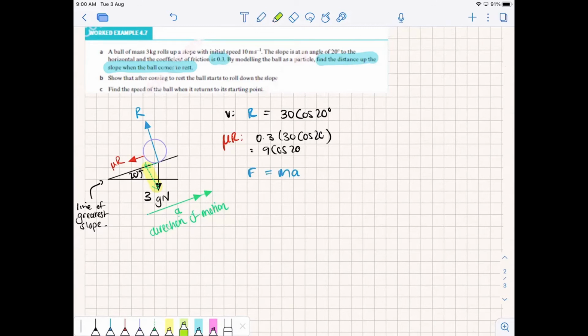We have the friction force, and we also have this little horizontal force also from the weight, the horizontal component there. They're both acting against the direction of motion, the other direction. So I'm going to have minus 9 cos 20 minus, that's going to be 30 sine 20.